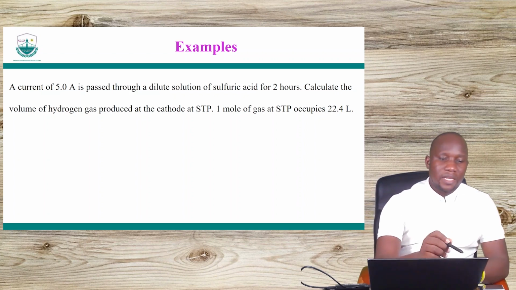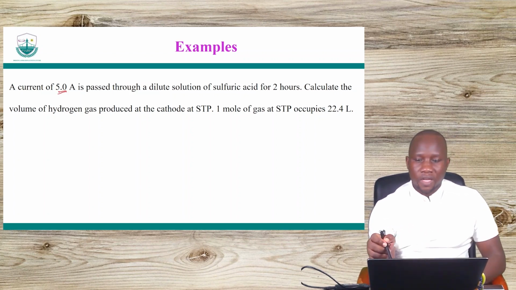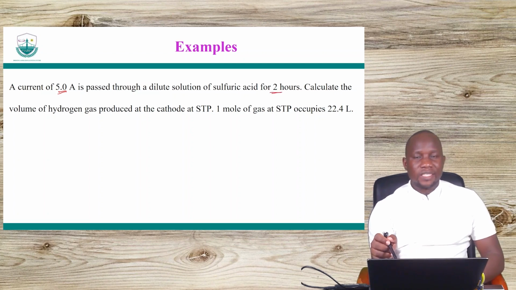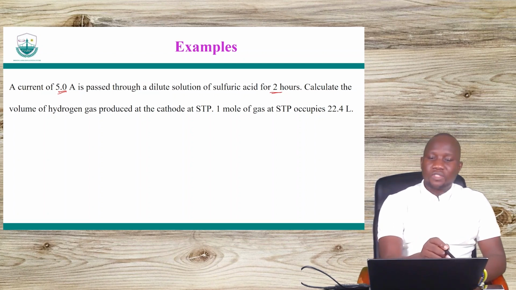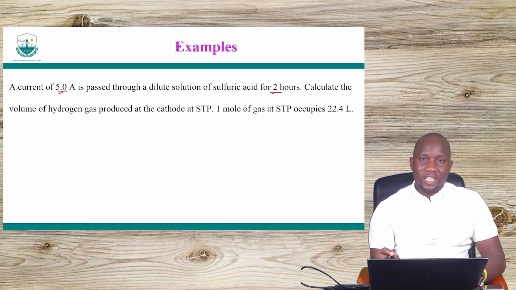So we are passing an electric current of 5 amperes through dilute sulfuric acid, and you will have oxygen and hydrogen produced in the electrolysis.